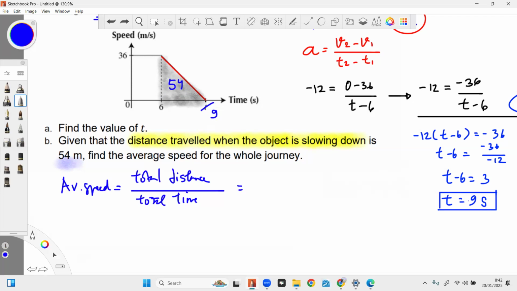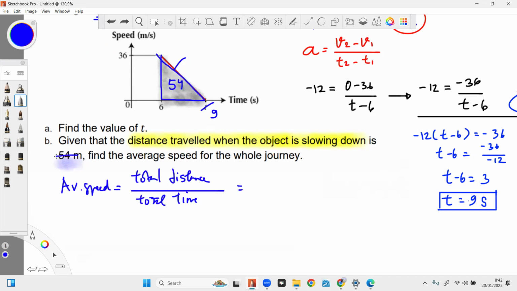So question A and question B are separated. Is it right? Half times base times height, half times 3 times 36. Oh yeah, that's right, so it's consistent. A and B are connected.